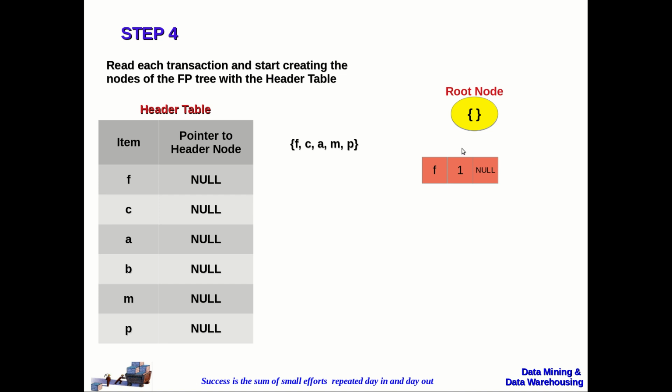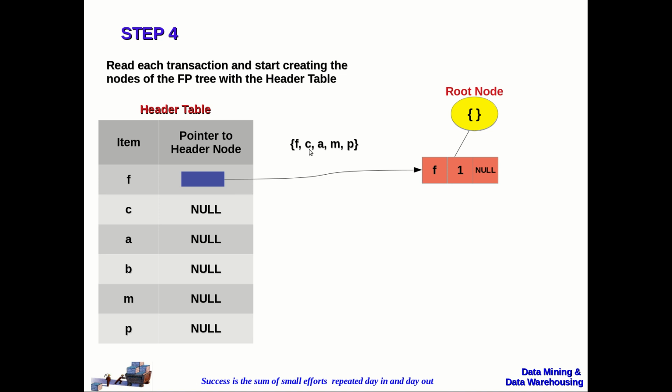So create the node for F. After creating the node for F, the root node will be pointing to this, and the header node will be pointing to the first node of F.